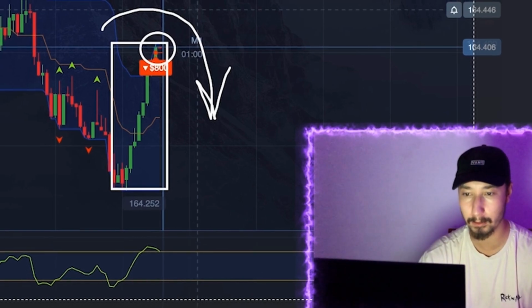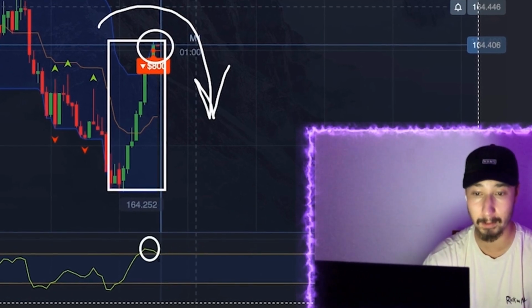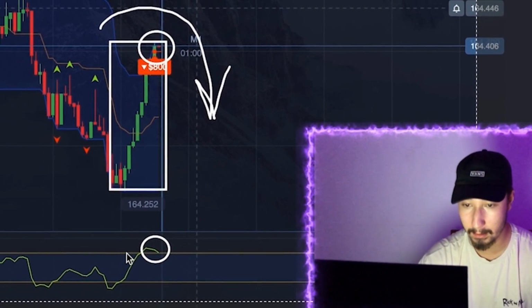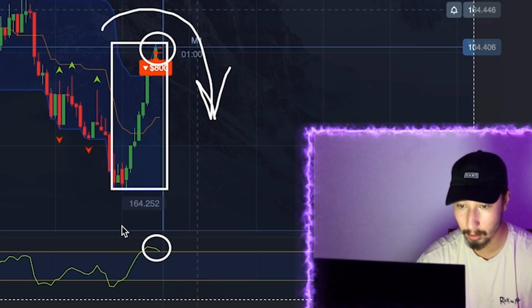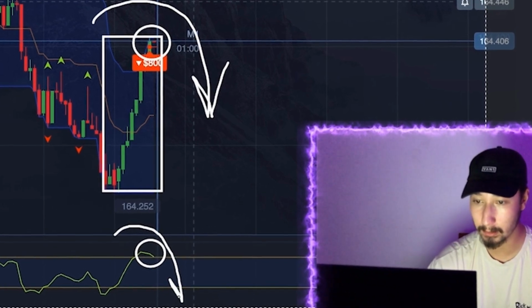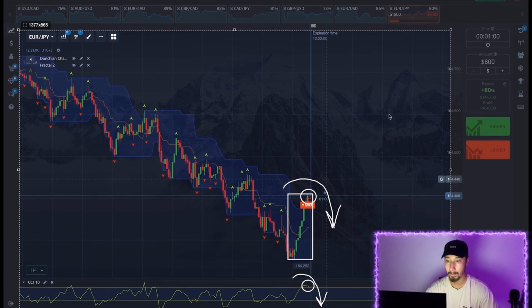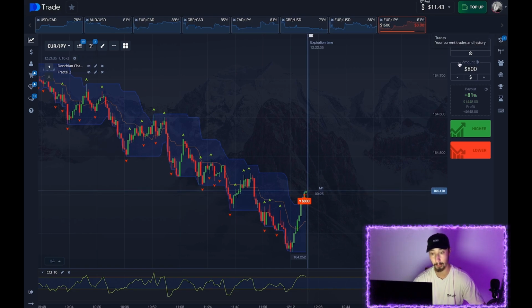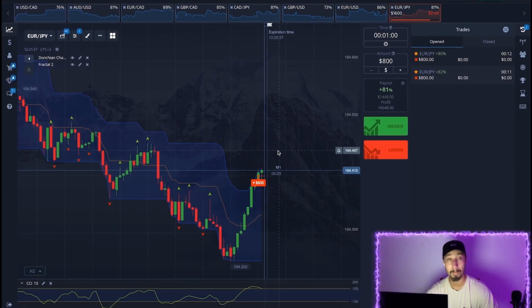On the oscillator, we also see a crossover from bottom to top. We should have the area is overbought. So accordingly, this is our signal to open a bearish trade, which is what we just did. So let's just watch the results.